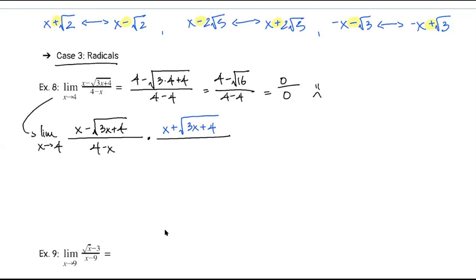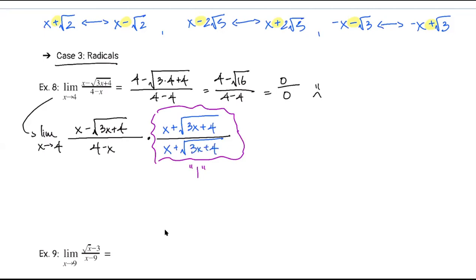Now, this whole fraction that we're writing is supposed to be the fanciest way of saying 1, right? Everything in here is supposed to say 1. And the way I've written it right now, it does not say 1. It says x plus root of 3x plus 4. So in order to make it 1, I have to have the same term on the bottom.